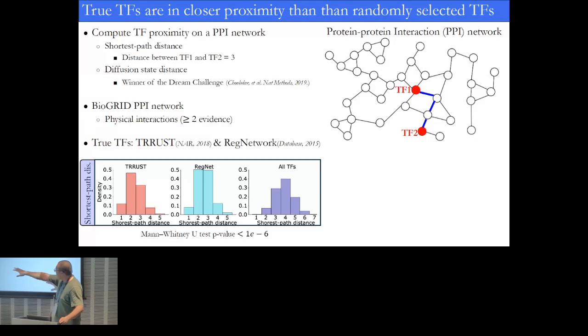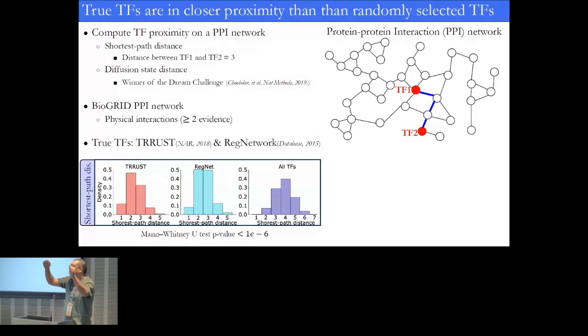And we have three histograms. The first histogram is in red. Basically, we go to the TRRUST database and find two transcription factors. If we know these two transcription factors regulate the same target gene, we compute their shortest path in the PPI network. Then we find another two transcription factors that we know regulate the same gene, and we compute this shortest path distance.